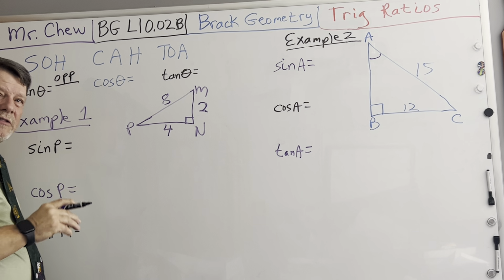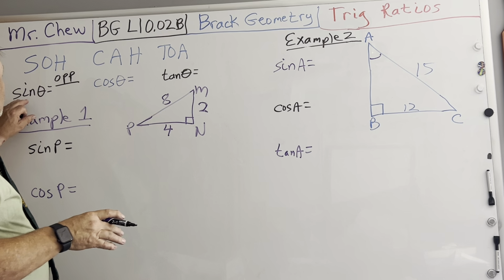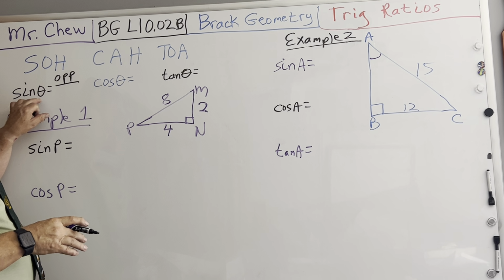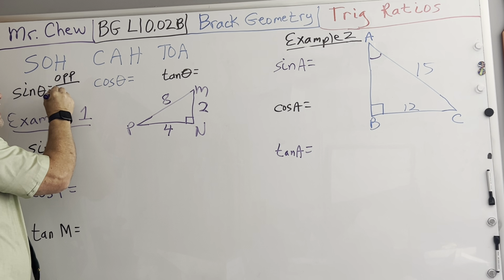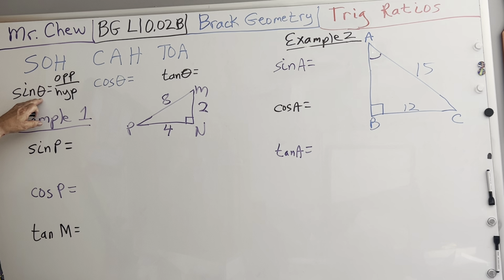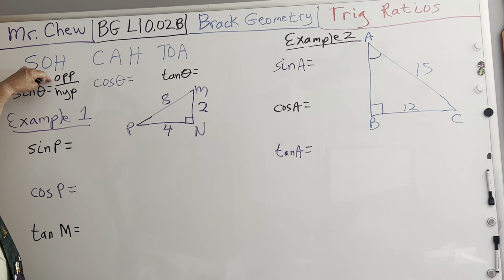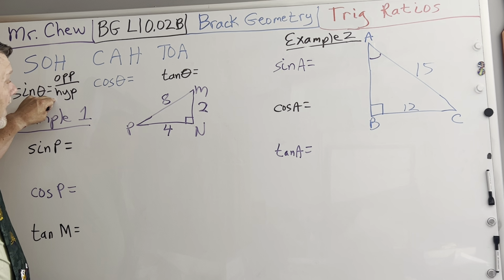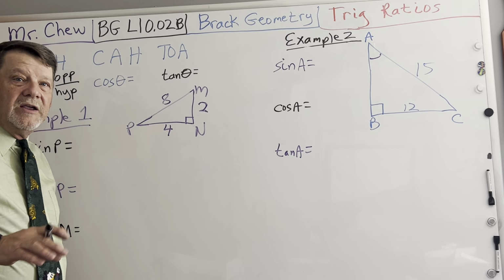So to find the fraction or decimal that equals the sine of an angle theta, you put O over H, and H stands for hypotenuse. So theta is one of the acute angles, and you take the side opposite's length over the hypotenuse length, and you're going to get a fraction or a decimal, and that number is called the sine.